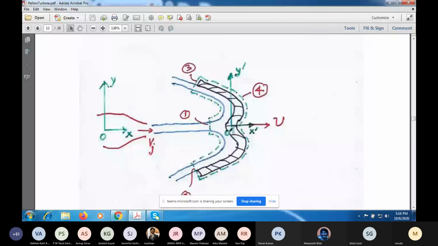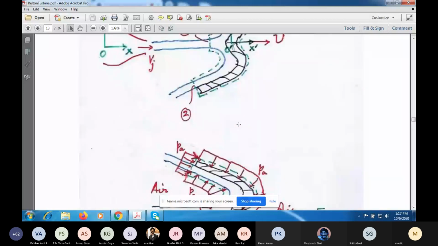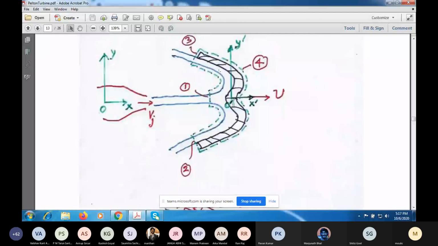And it's translating such that the axis O prime X prime is parallel to the axis OX, and the axis O prime Y prime is parallel to the axis OY. And this control volume shown by the green dotted line is moving or translating. Now we'll apply the balance of momentum to a system which is coincident with this control volume at time t.